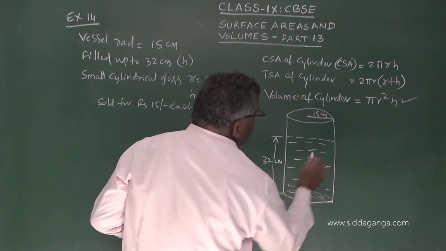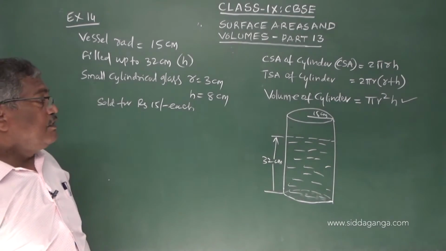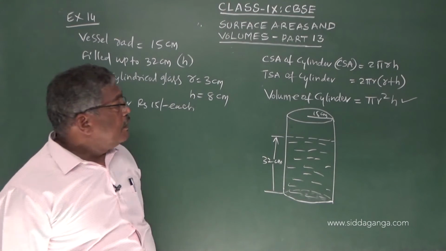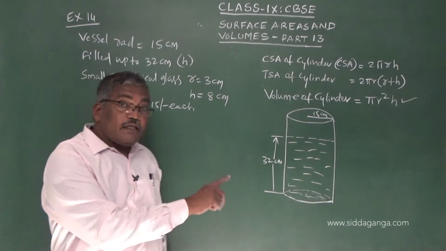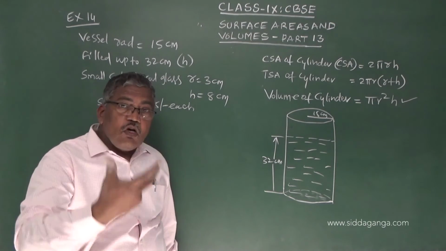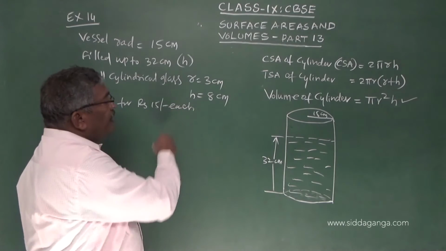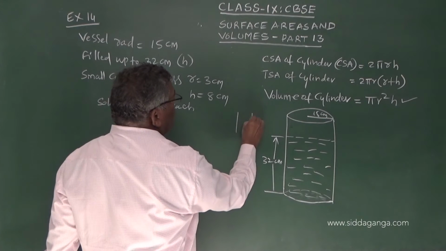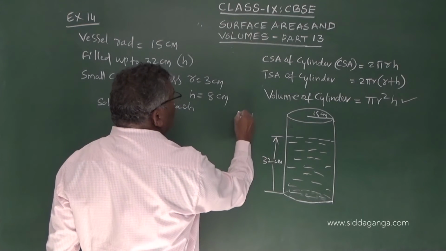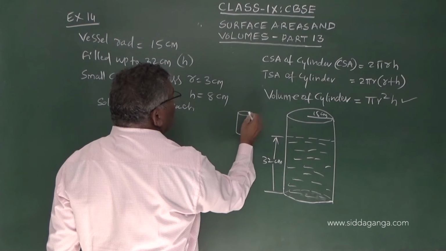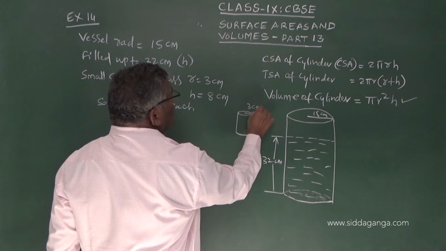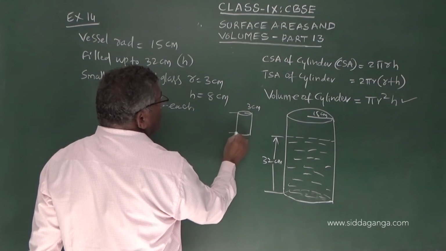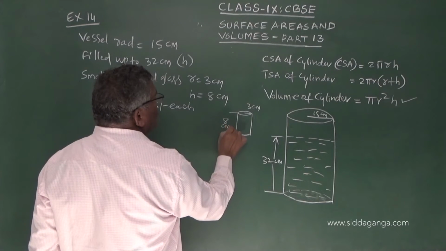So this is the question. This much of juice is there. It is a big cylindrical jar, and he will transfer this juice to smaller cups which are of radius 3 centimeter, and height 8 centimeter.